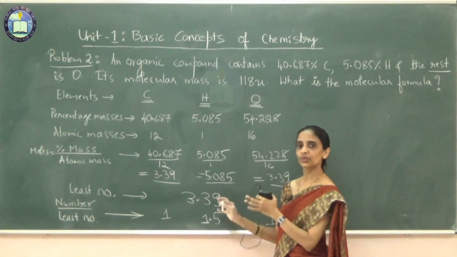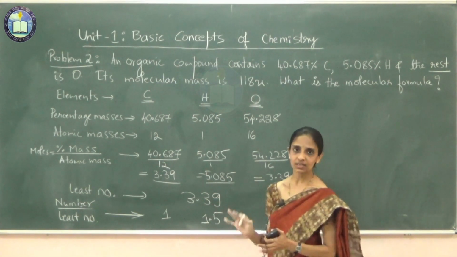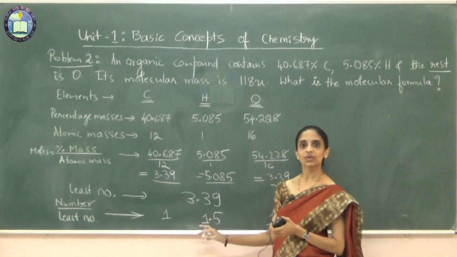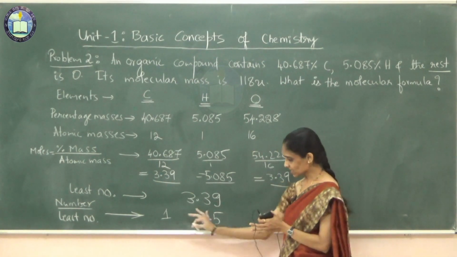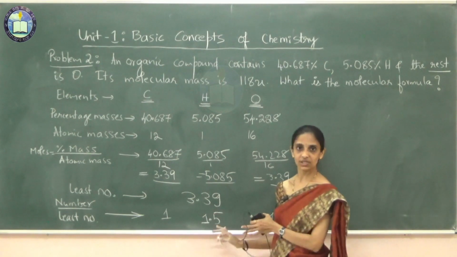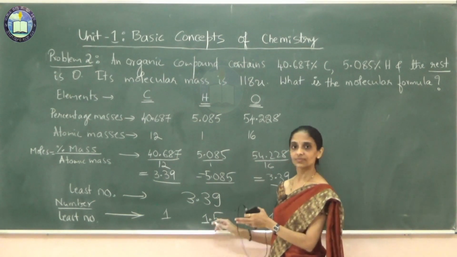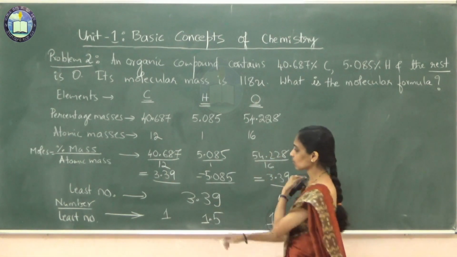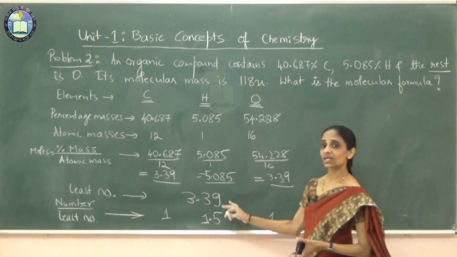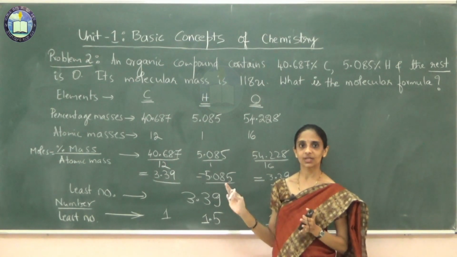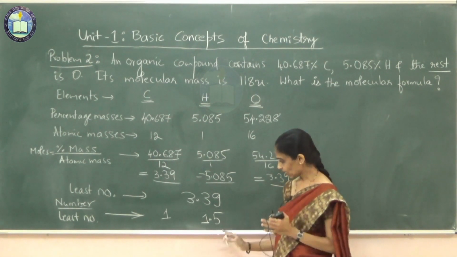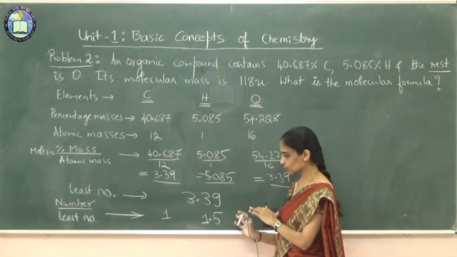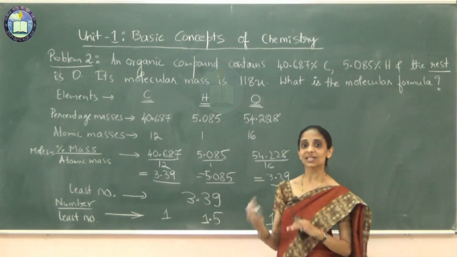It lies between 1 and 2. Rounding it off to 1 is not right, and rounding it off to 2 also does not work. So in such situations, this is a special situation. So this is again a twist in the problem. In such cases, mere rounding off is not done. Instead, you have to see to it that this is converted into an integer by multiplication.